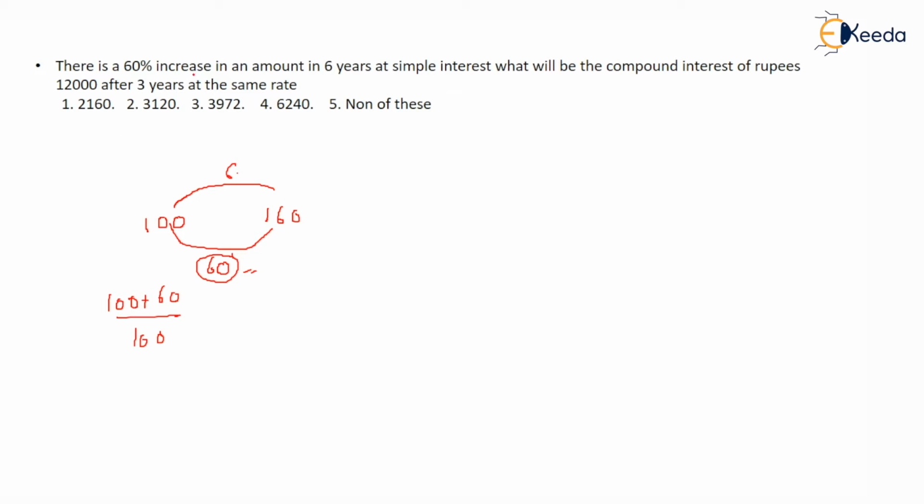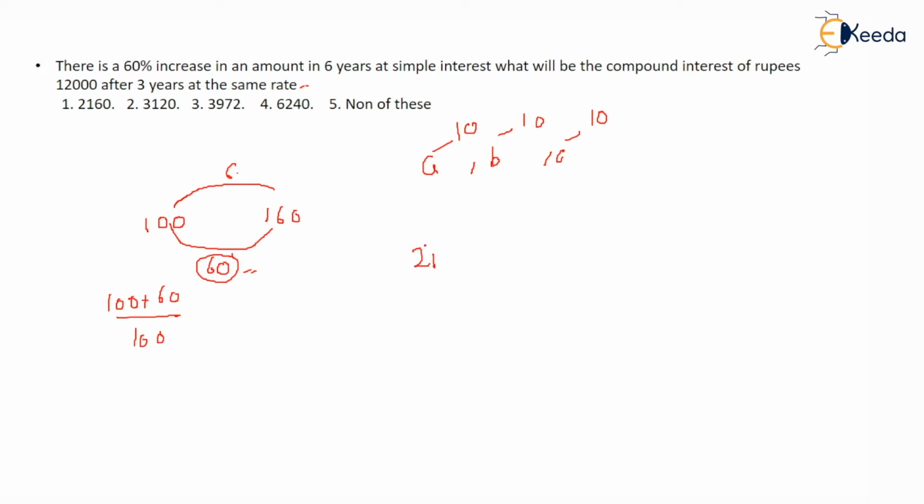So for 3 years they told you, and 12,000 is the principal. You now know the rate, so you can find it simply. Rate is 10%. For the first year it is 10, for the second year also it is 10, and for the third year also it is 10. So first solve these two: 10 plus 10 plus 10 into 10 upon 100.